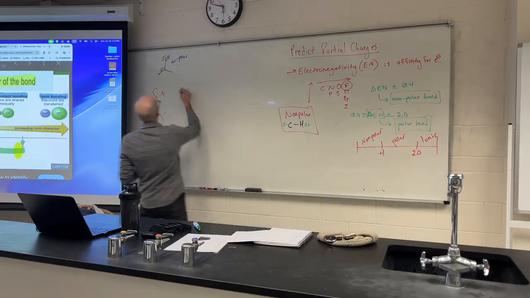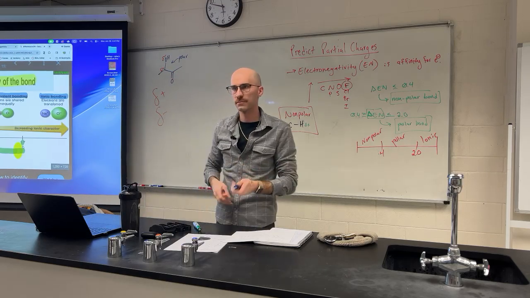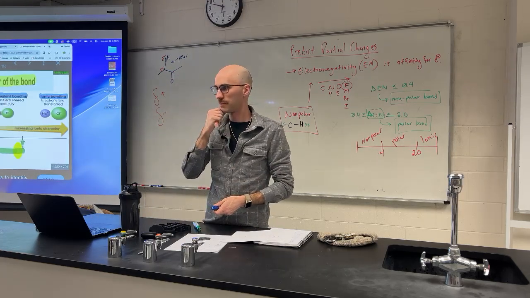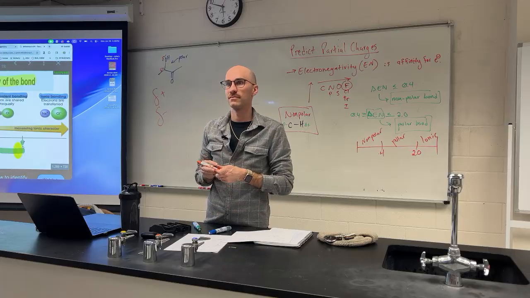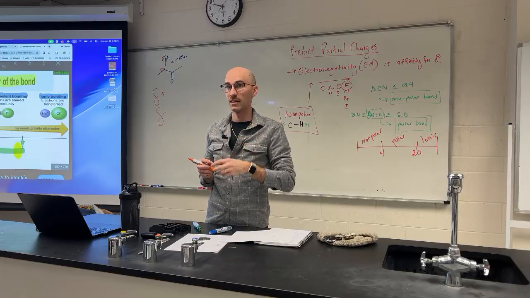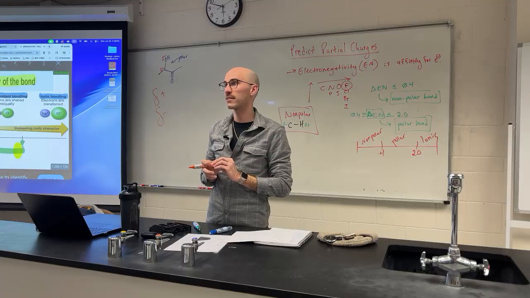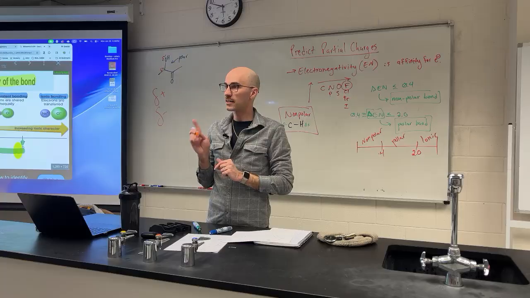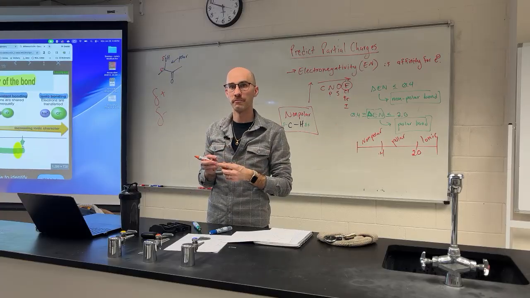What about a CO double bond? How should I place partial charges? Does the amount of bonds ever affect that? Good question. Does the amount of bonds affect the placement of partial charges? Does the amount of bonds change the difference in electronegativity between the two atoms?